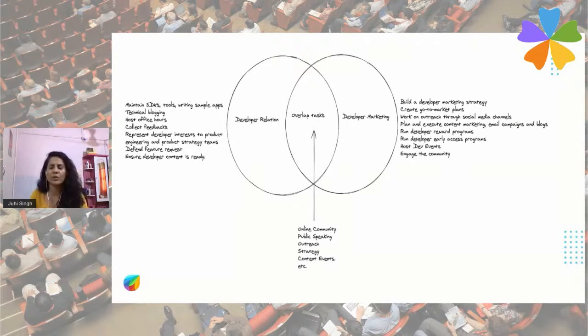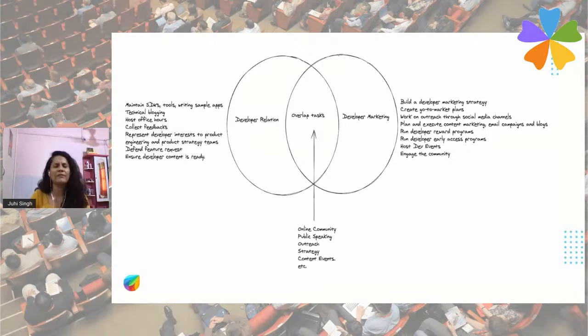The one thing I can say about developer marketing is that it's basically about making sure our developers are engaged and feeling motivated to work with us. Developer relations takes care of the technical parts, like creating sample apps which can help developers build their own.